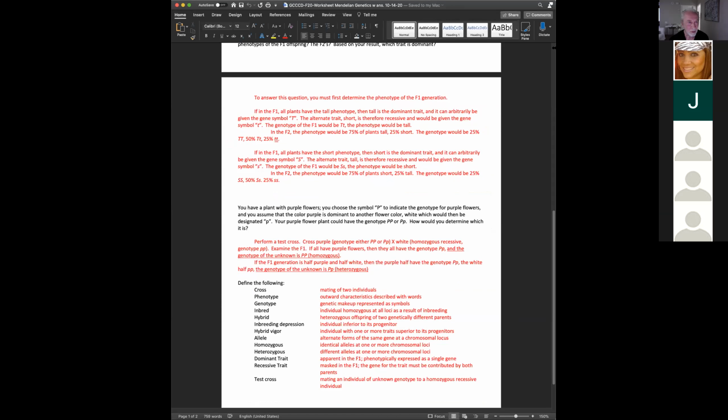Okay, so we're done with the test cross, and the rest of what's on this worksheet are simply definitions, and I'm not going to go through them. You can read them all here. And also they're straight off the summary slide at the end of the slide set. You all have the slide set, so you all have the summary slide, and all the definitions are there.